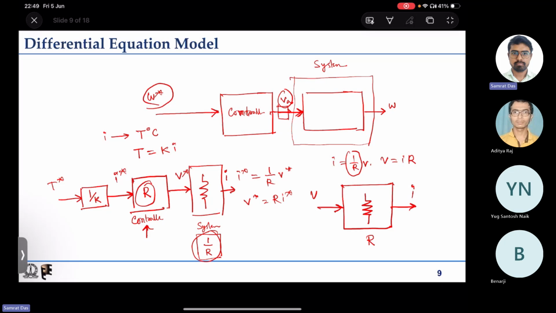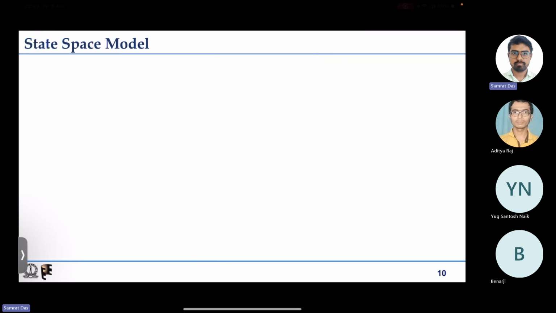Is it clear? You have a voltage source. Yes, yes, understood, DC voltage source. What you are saying is, in order to get the desired performance in the closed loop, it must be possible with the open loop first, right? Yes, yes. In the open loop, it should be possible. Otherwise, there is no way you can do that.